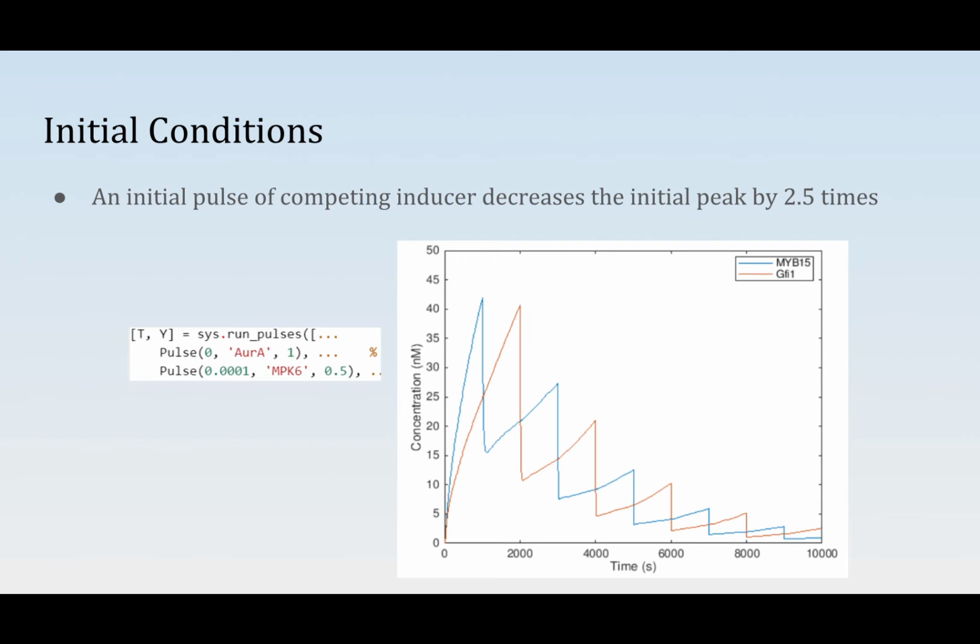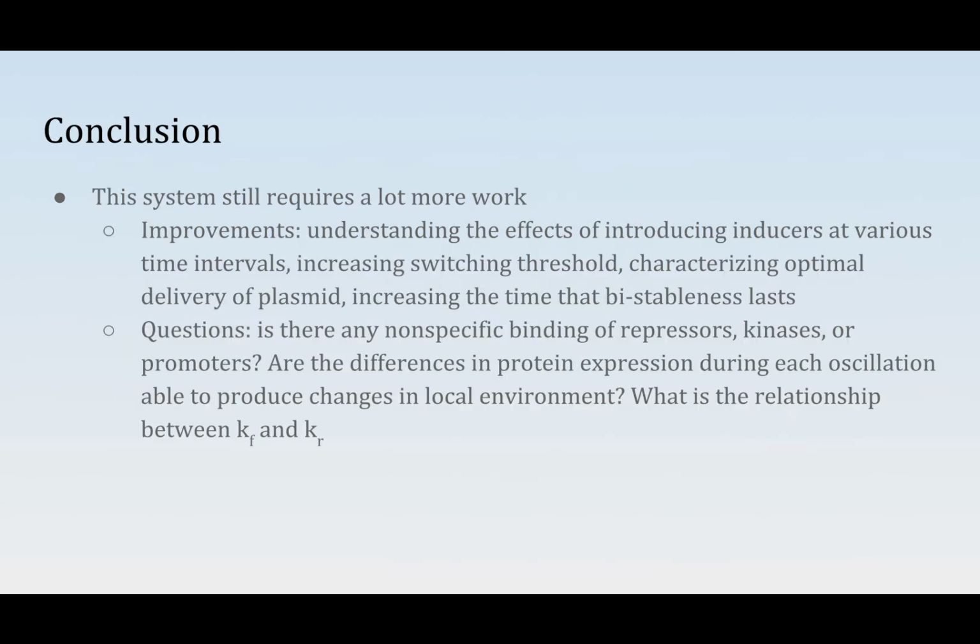This produces a 2.5-fold decrease in the initial MyB15 peak, as well as a more leveled out distribution of peak repressor expression. This is due to the smaller but noticeable presence of the competing inducer MAP kinase 6 and its ability to control the rise of MyB15 expression. This behavior is preferred to a large initial peak as it would more closely resemble biological systems.